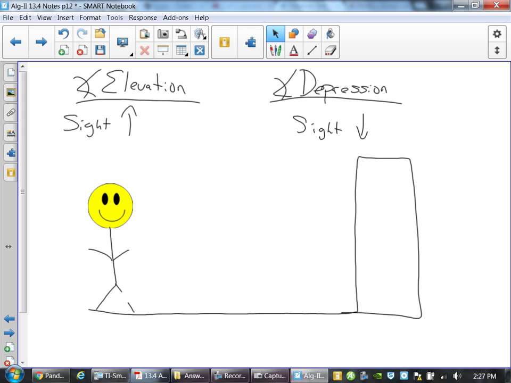If you have an angle of elevation, it's your line of sight up to something, and you're looking up at a beautiful flower. The angle of elevation from your line of sight to the object is 27 degrees.